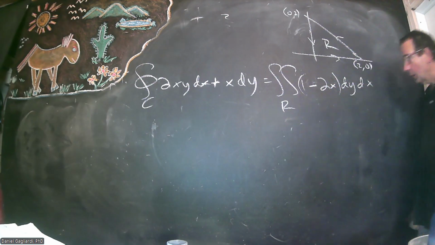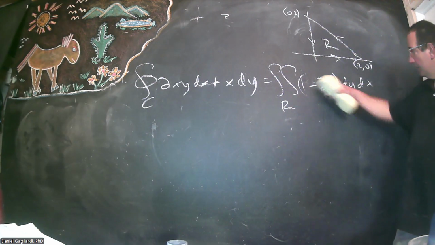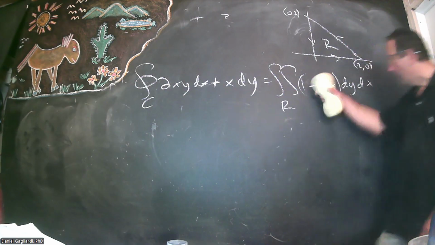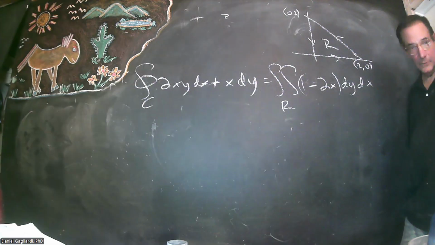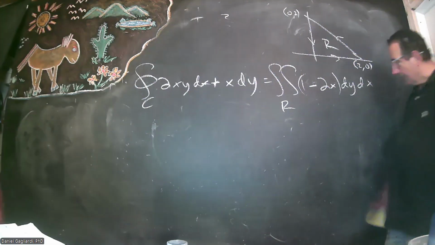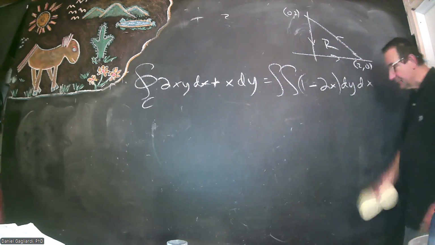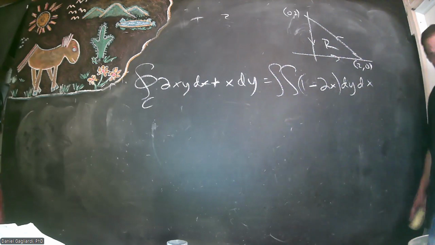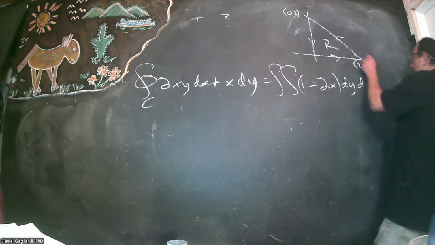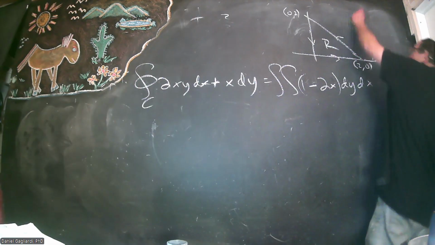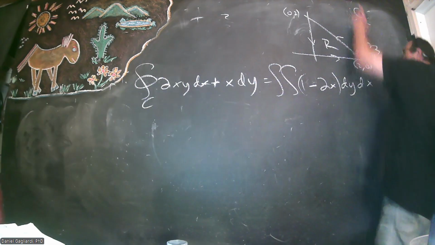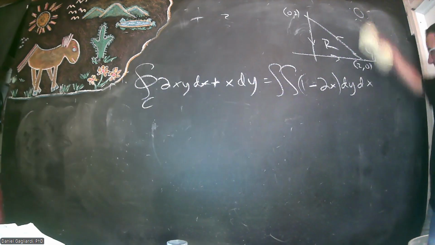Okay, so we have the double integral of Q_x minus P_y, 1 minus 2x, over the region R. I said that this region R could be written as a type 1 region. And sure, because if you remember from before, if the tree is on the ground and this is up, here's the sun, and this is down.